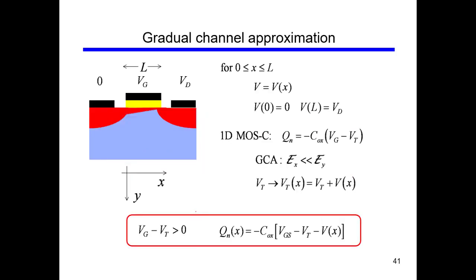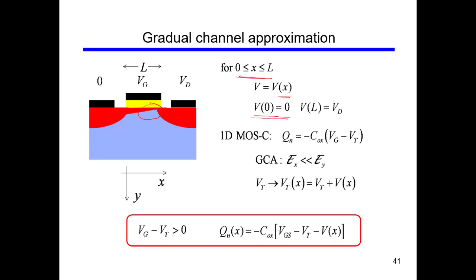So if we want to consider the full transistor, then let's see what will happen to this charge. Along the x direction, if we go from 0 to the length of channel, we already know, when we were discussing the pinch off point, that there is a voltage Vx, okay, and this voltage varies along the channel.